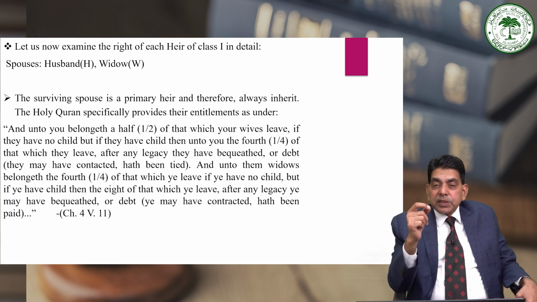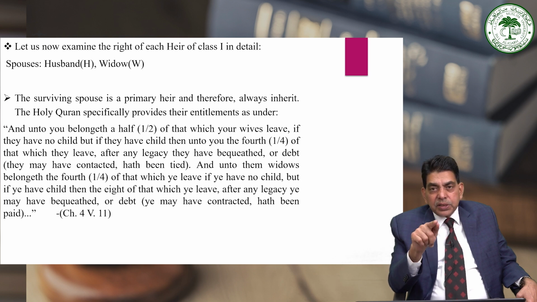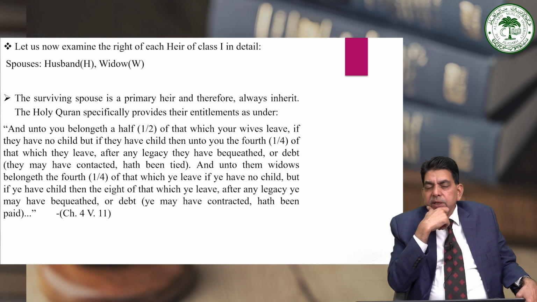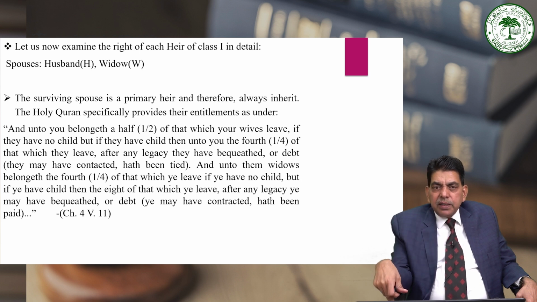So the spouses are not only class 1 but they are also primary. Primary means that they will always be entitled to succeed to the property of the deceased, and they will be entitled to inherit first in order of priority. Therefore, first I am going to discuss the entitlement of spouses, that is of the husband and widow as the case may be.